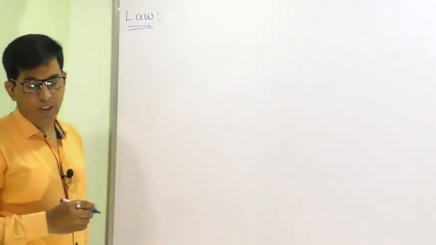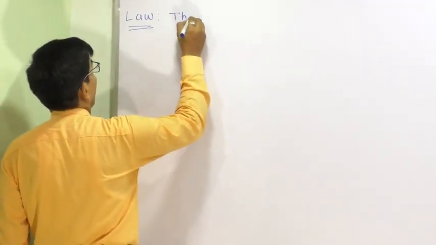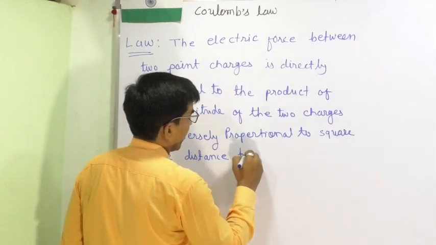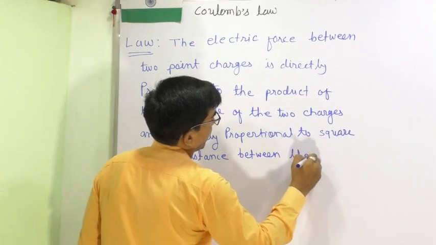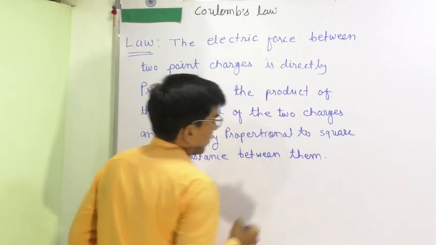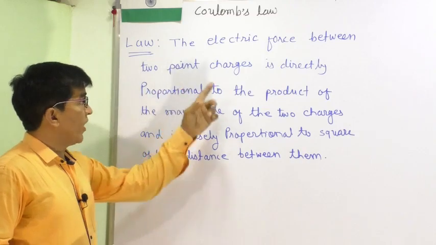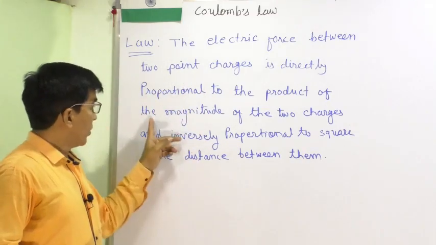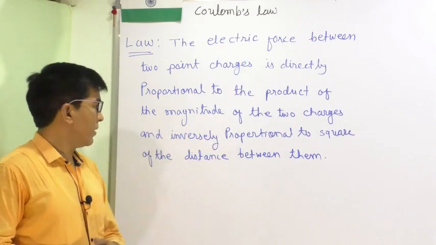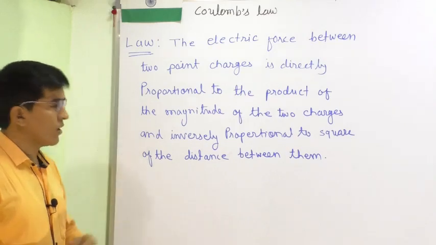Force between two charges, the electric force. The electric force between two point charges is directly proportional to the product of the magnitude of the two charges and inversely proportional to the square of the distance between them.